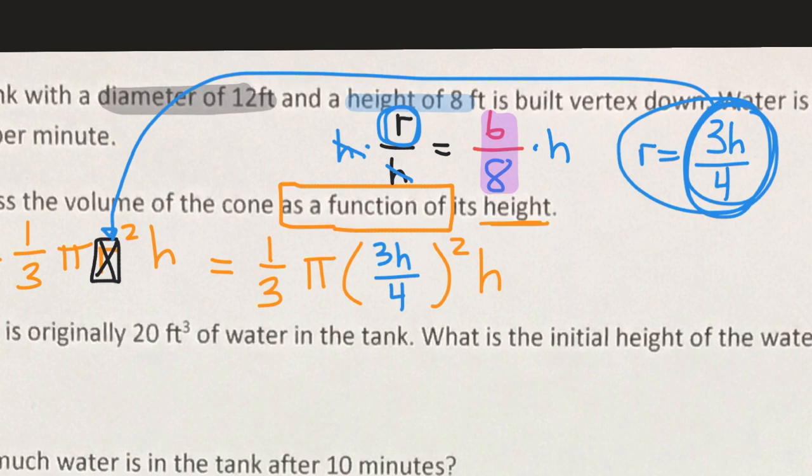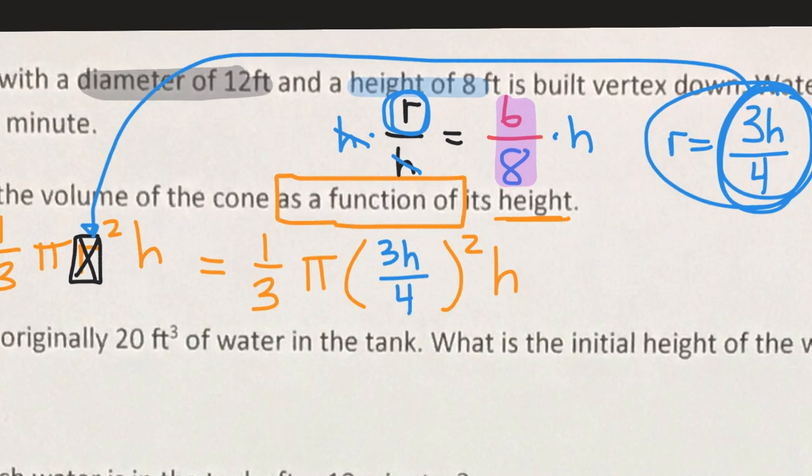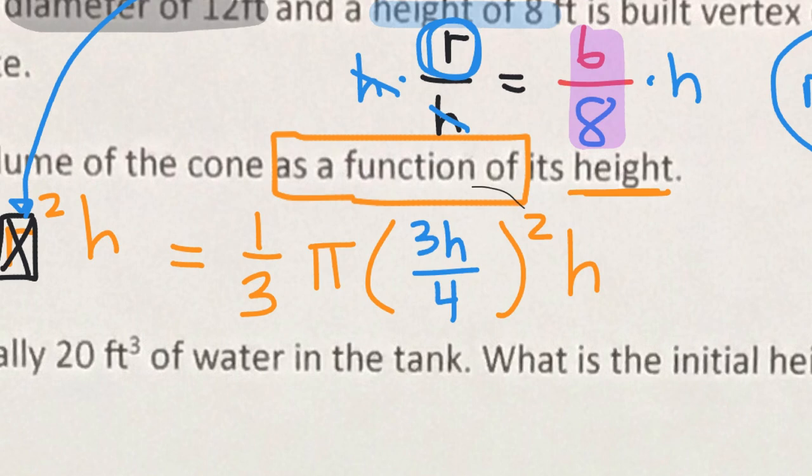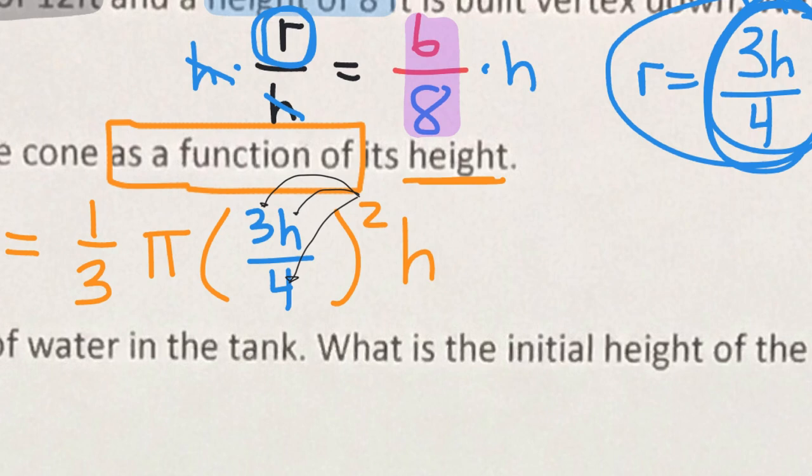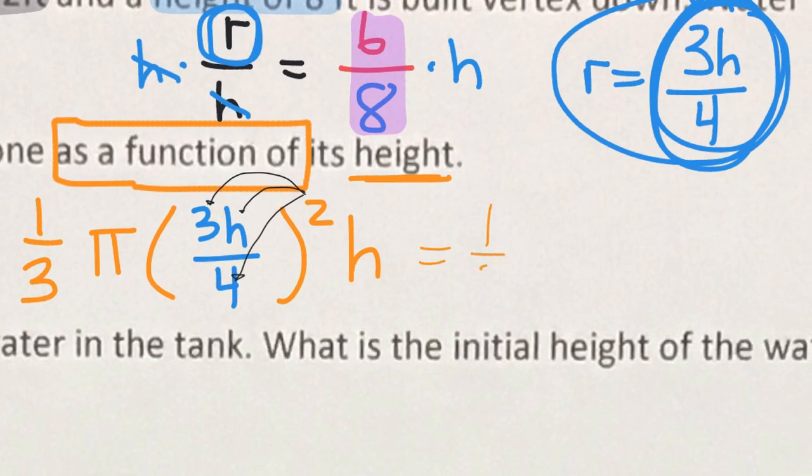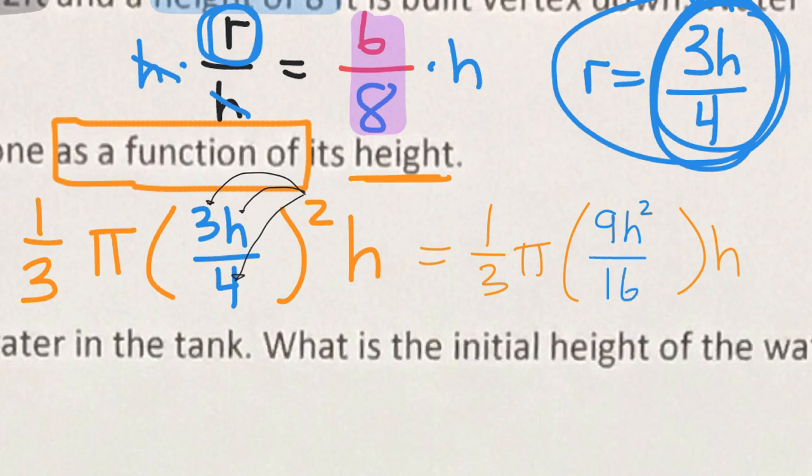The radius is 3/4 of the height, so the radius is smaller. Now we have to do some simplifying, and sometimes this is the hard part. We square the 3, the h, and the 4, all of the pieces of the fraction. So 3 squared is 9, h squared is just h squared, and 4 squared is 16.